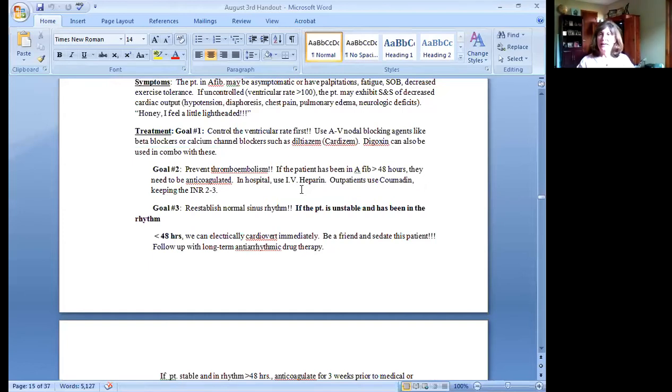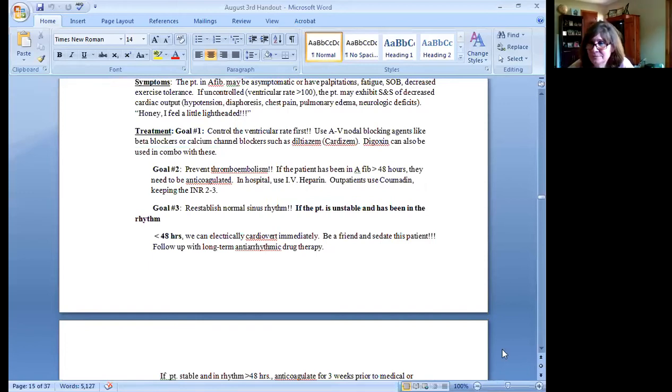So if it were an emergency and they were crazy symptomatic and we'd want to cardiovert, if they've been in that AFib longer than 48 hours, it would be malpractice for that doc not to do the TEE. And they would be at the bedside, very cool. We'd be watching the whole thing. The coast is clear, no clot present, we can proceed to cardiovert the patient.